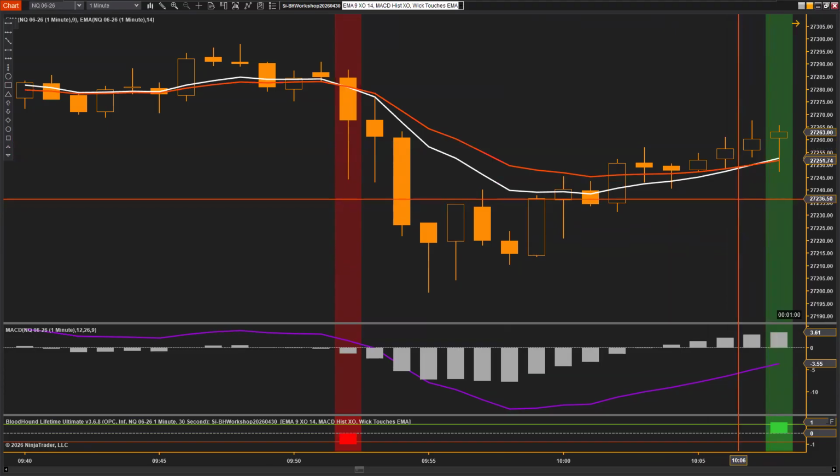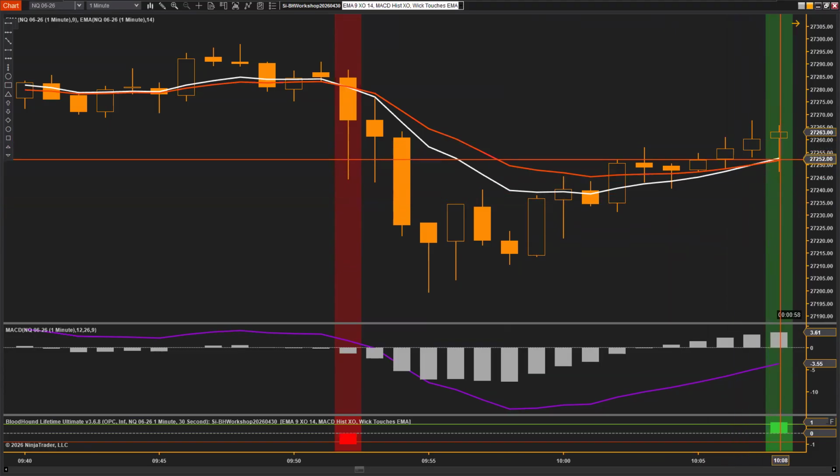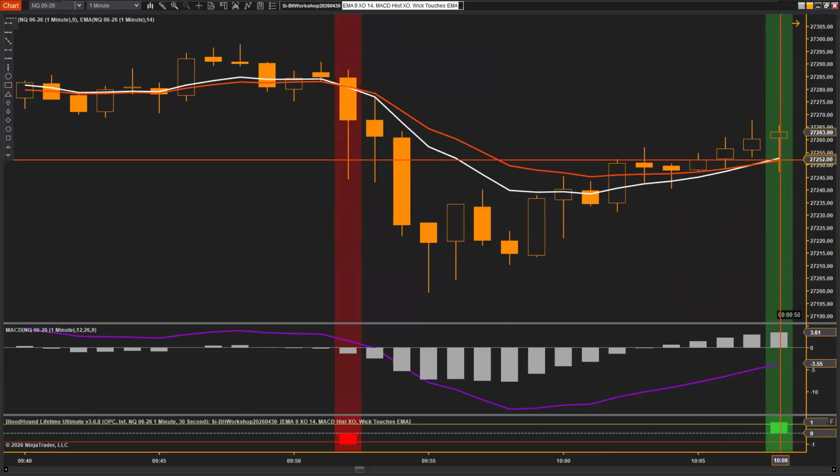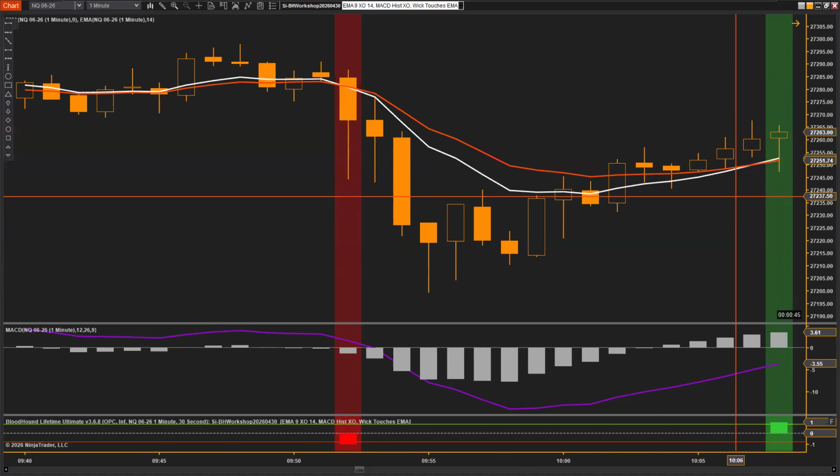And that separation, it's a pretty good separation. So I think there's a good chance that they may have still been crossed over even when the market pulled back to generate that wick.